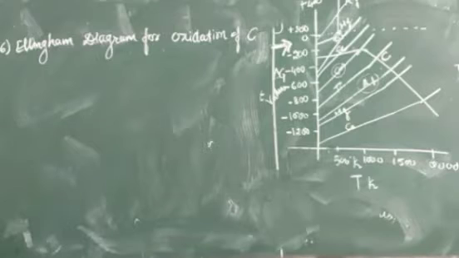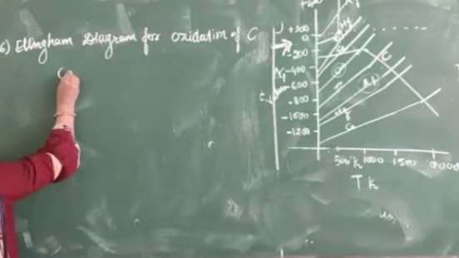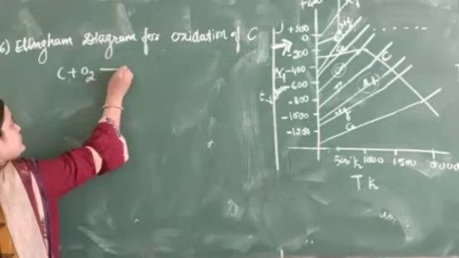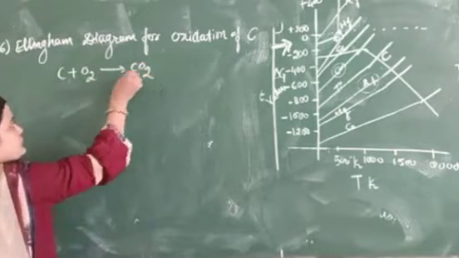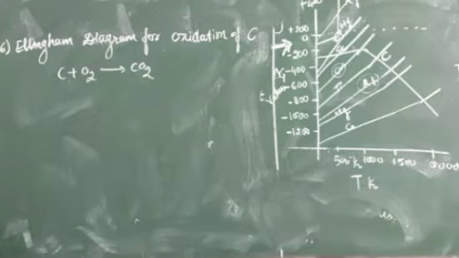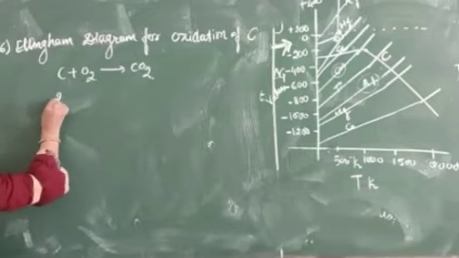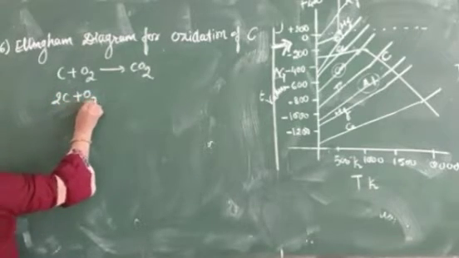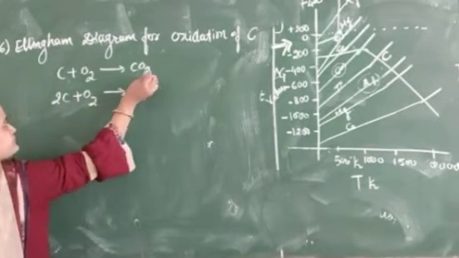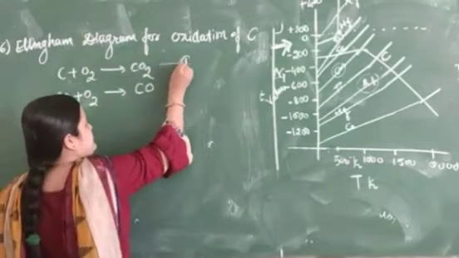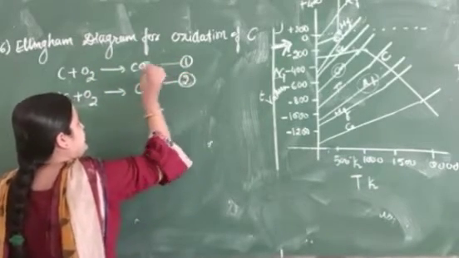Okay, mainly two reactions are possible: C plus O2 gives CO2, and 2C plus O2 gives 2CO. Consider this the first reaction and this the second reaction.